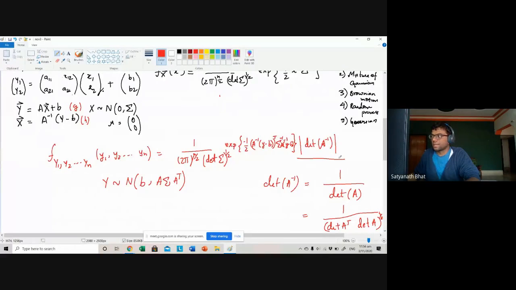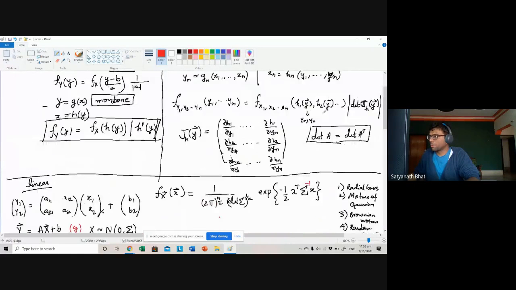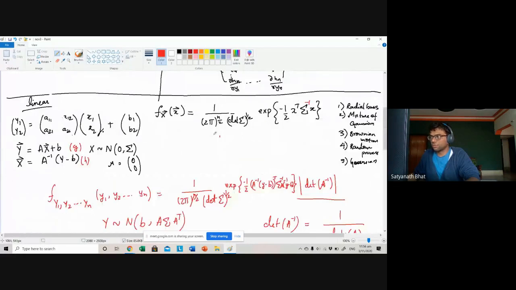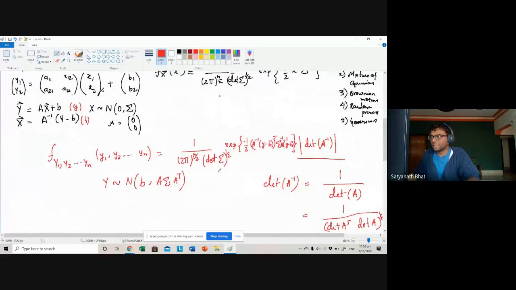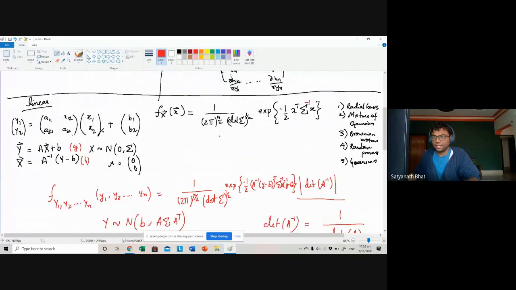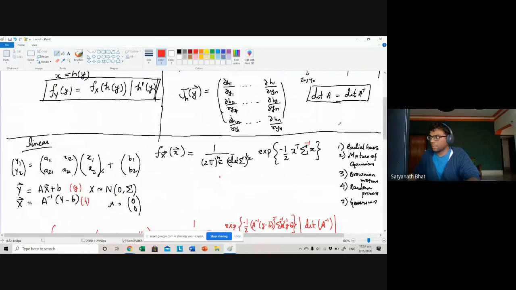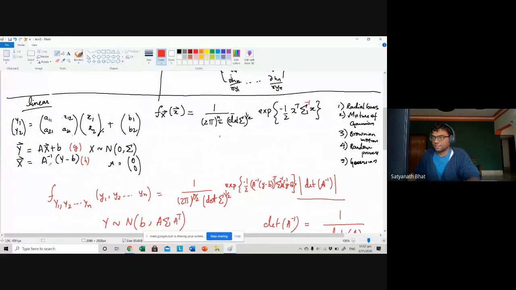And then there is a second part, which is the Jacobian. I haven't explained the details, but if you take A inverse as some matrix and take the partial derivatives, you will confirm that the Jacobian of x with respect to y in this case will actually be A inverse.